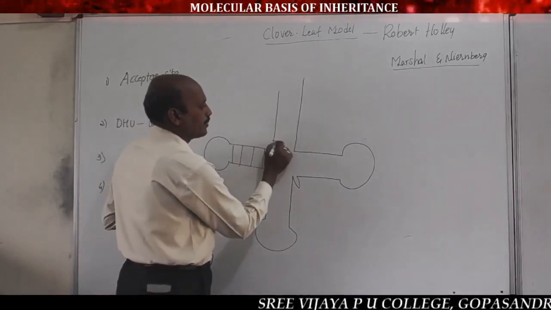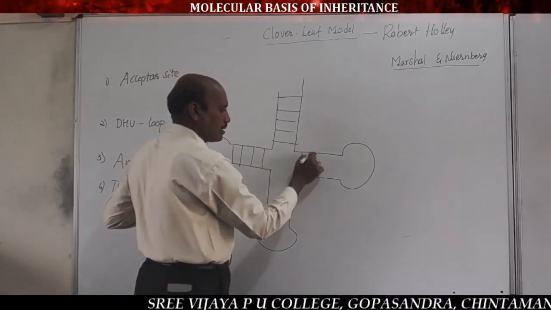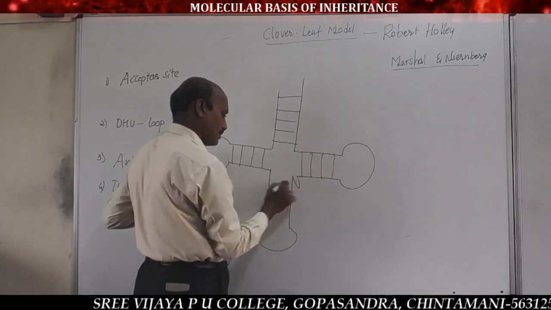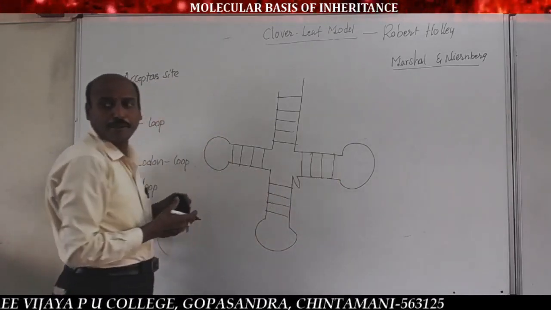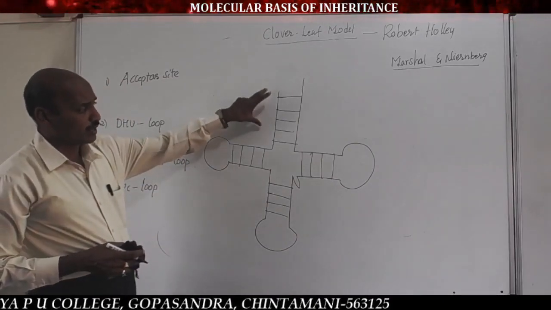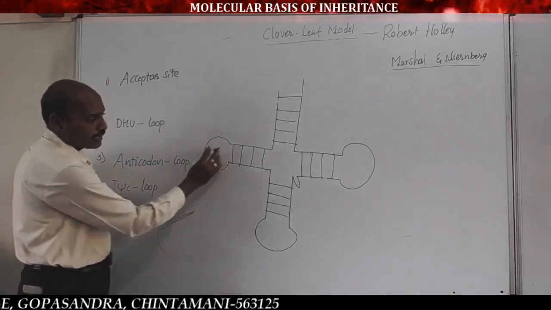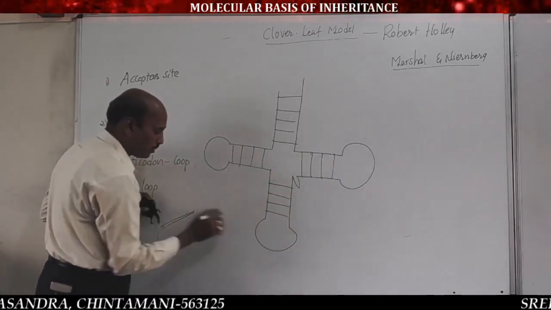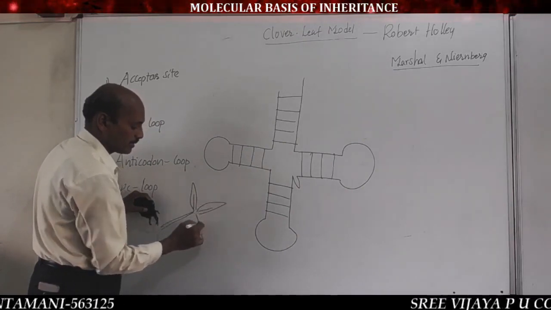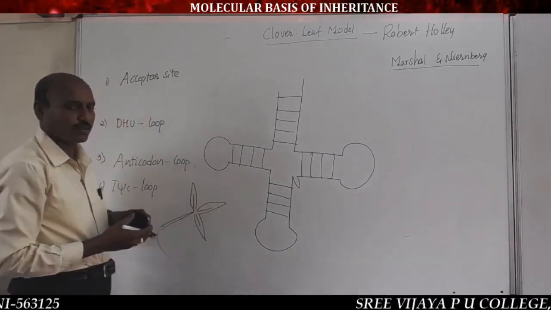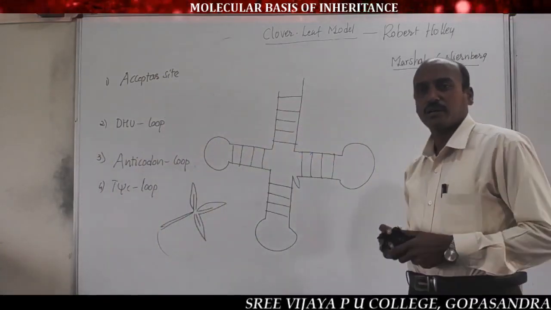This is the structure of the clover leaf model of tRNA, and it appears like a trifoliate compound leaf, because one arm resembles the petiole and three unpaired loops resemble the three leaflets. That's why it is also called trifoliate tRNA or clover leaf model of tRNA.